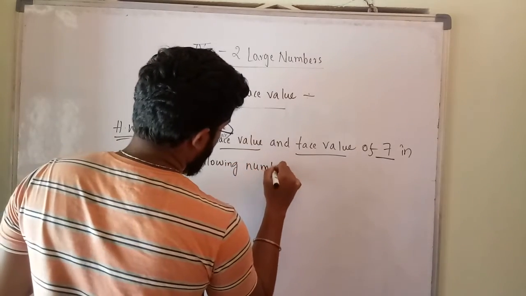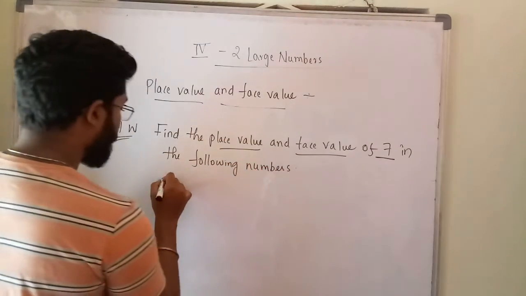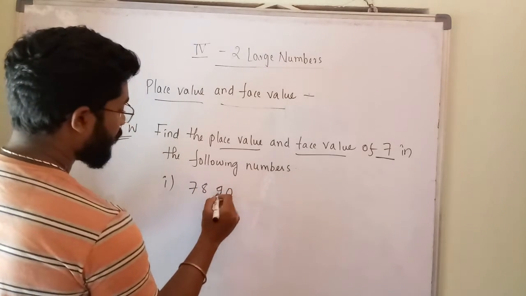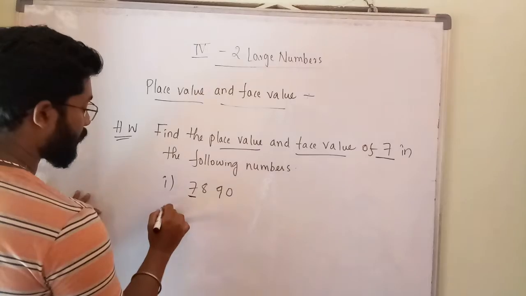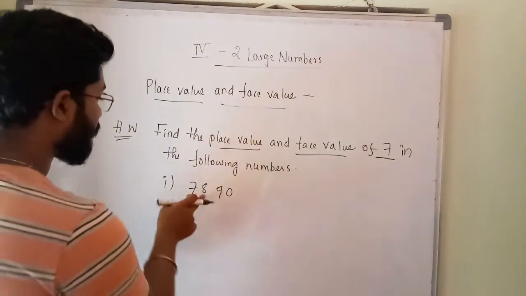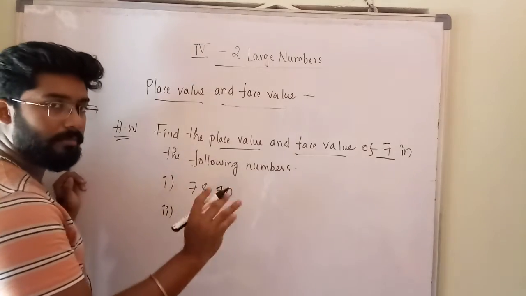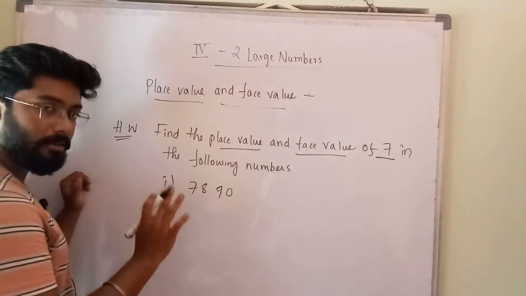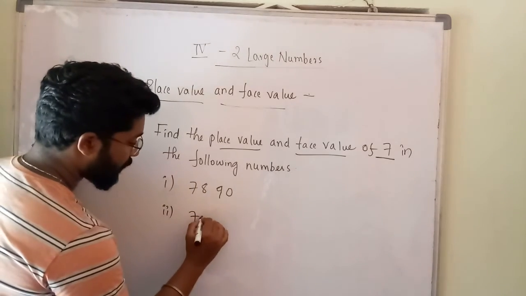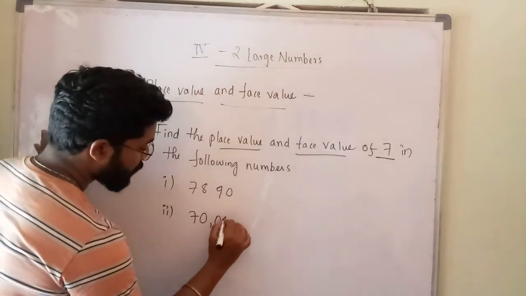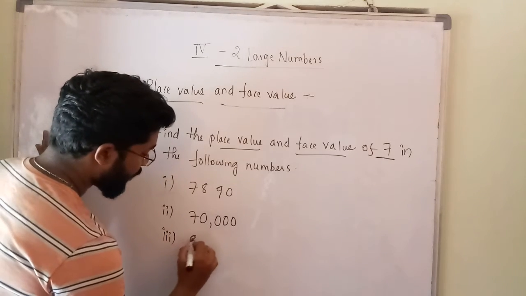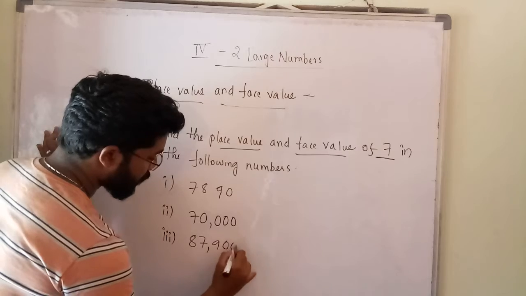First number is 7890. Here you have to find the place value of 7. In every number you have to find the place value and face value of 7. For that 7 only I am asking. Second is 70000. Next, third question is 87900.